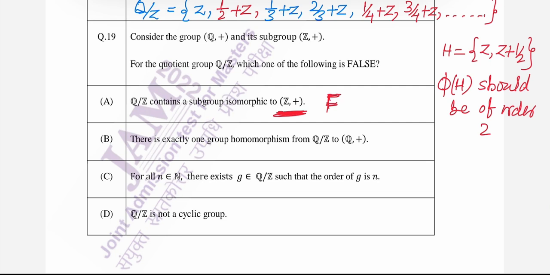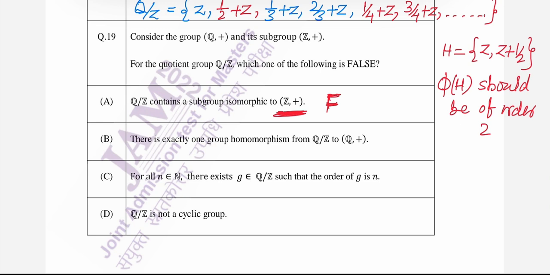If you don't understand, then you should study isomorphism, the special words which I told in this video so far. And if even then you don't understand, then see this video from the starting point.